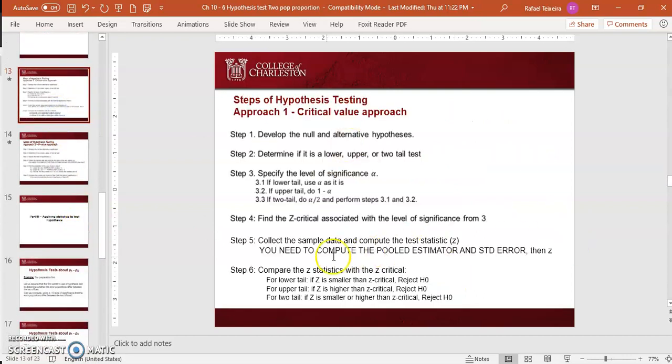So that's what I'm saying here. You need to compute the pooled estimator. And then finally, when you compute the z, you have the z critical that determines the region. Then after you get the z, you compare the two, okay? I'm going to show you here one more time for you to see that.